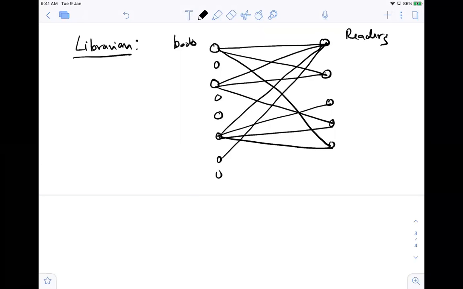Okay. So I have these readers R1, R2, R3, R4, R5. And here you have books B1, B2, B3, B4, B5, B6, B7, B8. And your job is to assign the books to the readers such that, what would you like to have?